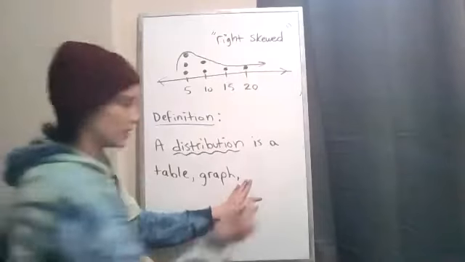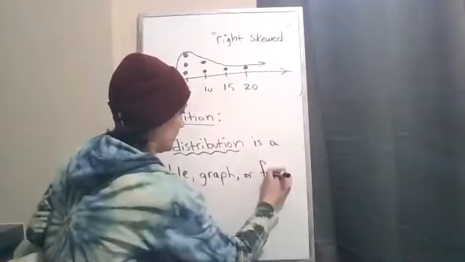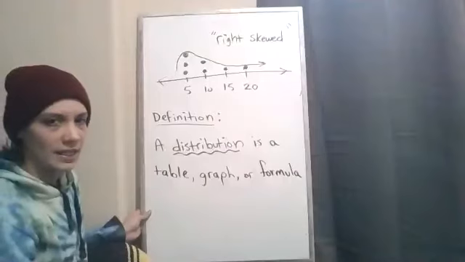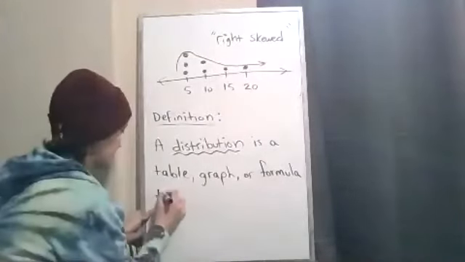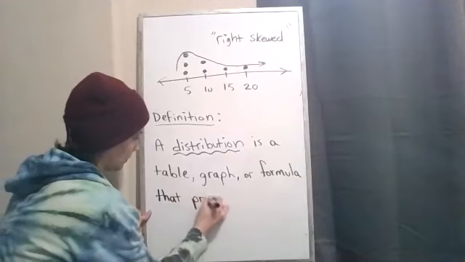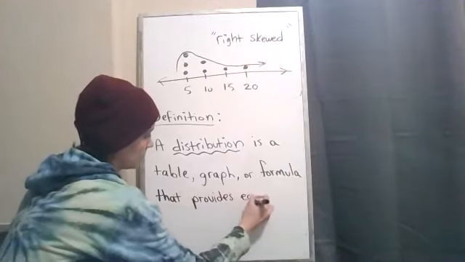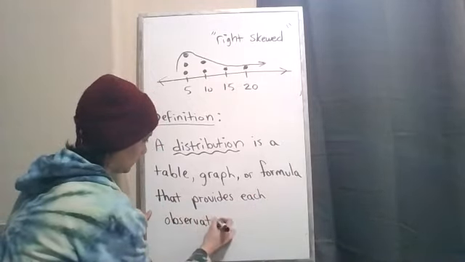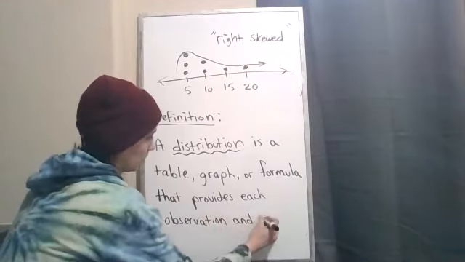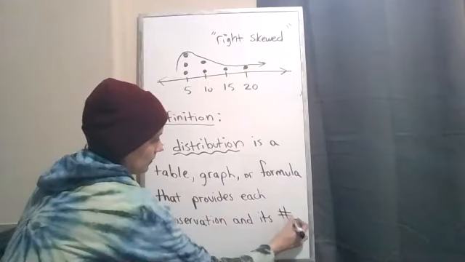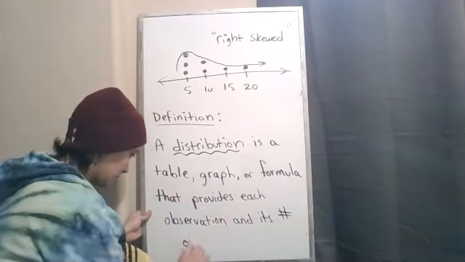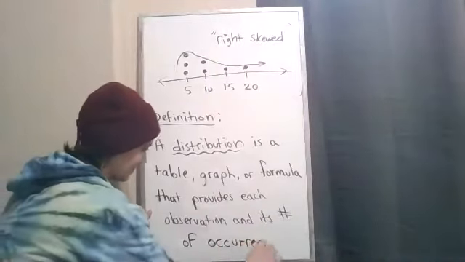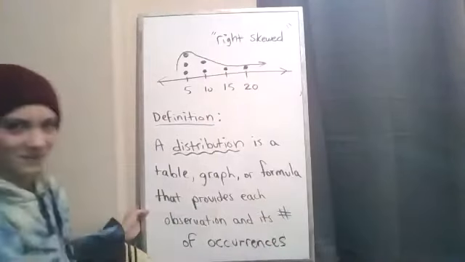So there are also formulas. That gives each observation and its number of occurrences. Cool.